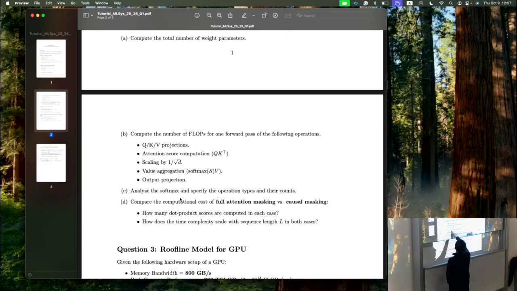Here in value aggregation, we assume it's after softmax. After your scaling and your softmax, you get a vector and multiply this vector with your value. You basically just need to calculate the FLOPs of the matrix and vectors. I'll make it clear.